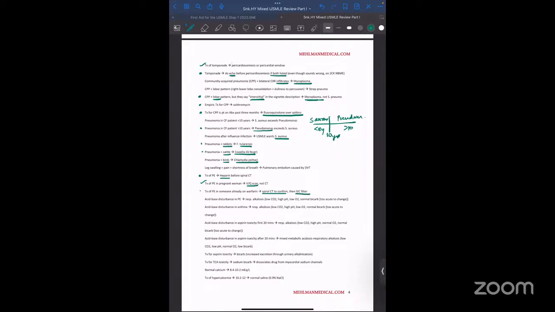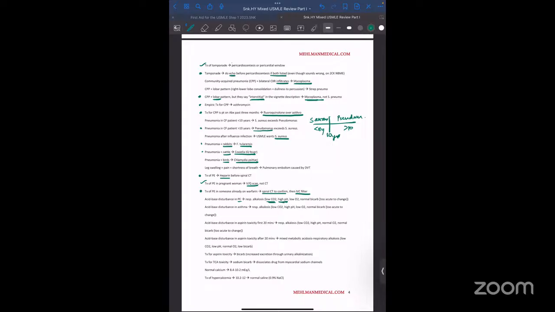Okay. Then acid-base disturbance in pulmonary embolism is respiratory alkalosis. Low CO2, high pH, low oxygen. They're breathless, so they blow off the carbon dioxide. If they blow off the carbon dioxide, we lose the acid, so that makes an alkaline pH.